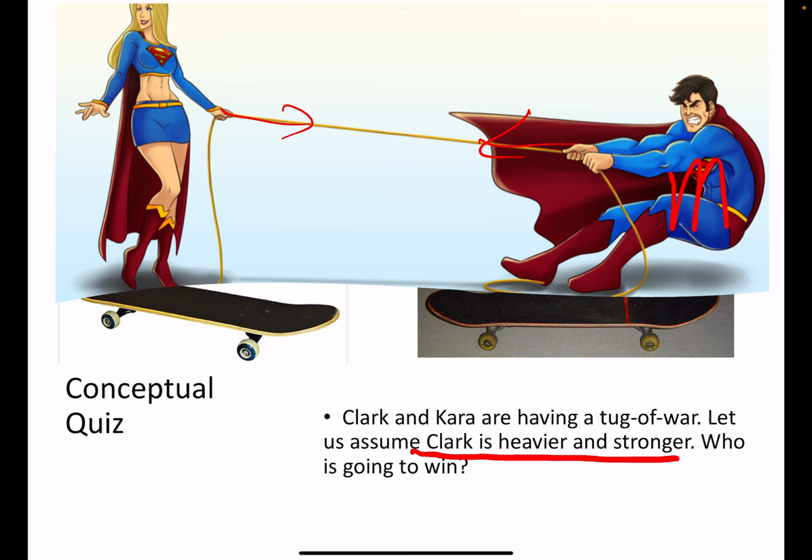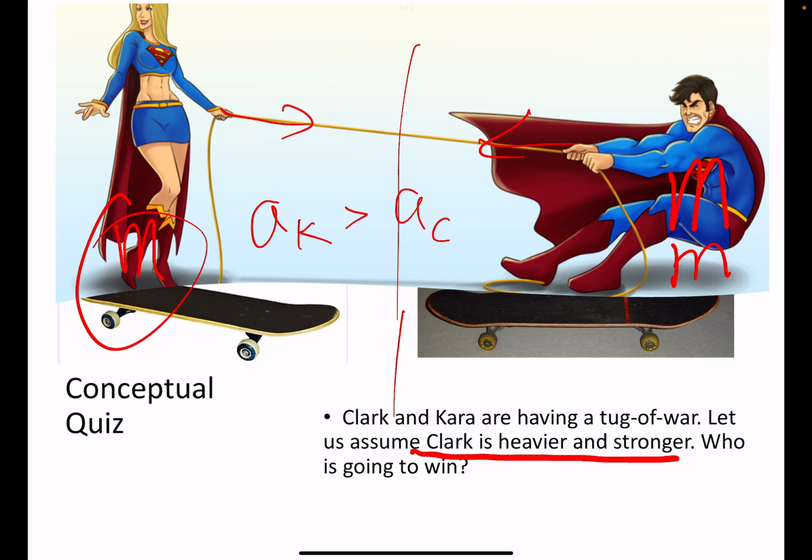Because Superman has more mass, Supergirl has less mass. So Supergirl will have a larger acceleration compared to Superman. And if Supergirl has a larger acceleration, it's likely Supergirl will cross the middle first. So I would say Superman is going to win this tug of war.